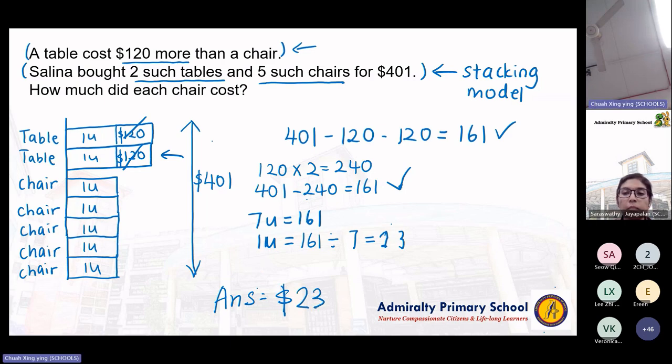All right, do take note, especially for this kind of question, your child will need to put the unit as the final answer. Else, 23 can mean 23 tables or 23 chairs. It is very important for them to present a unit in the final stage. And some of you are asking whether I should use dollar signs in the equations.